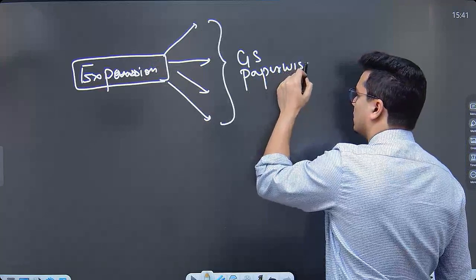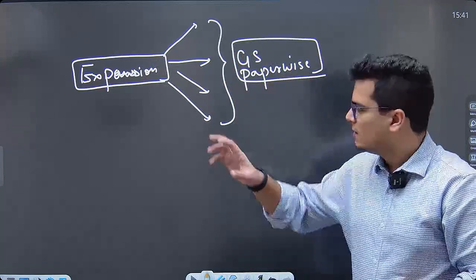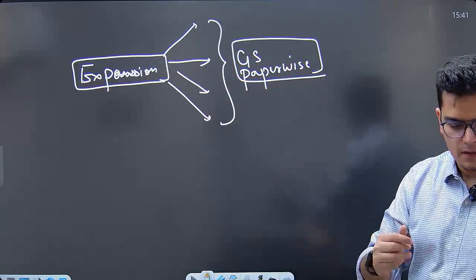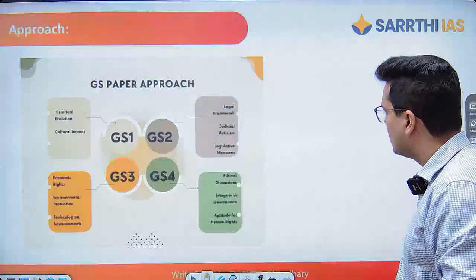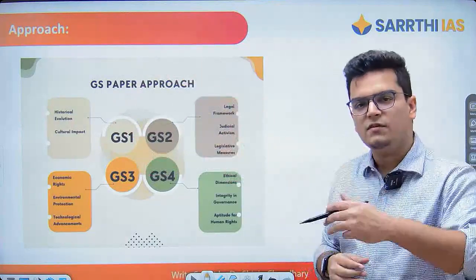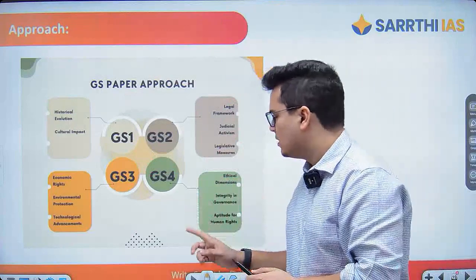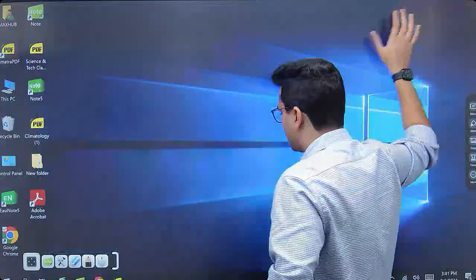So you can think GS paper-wise in terms of where all Article 21 has expanded to. If you look at this, we go GS paper-wise, and then we fit Supreme Court cases everywhere. Another thing, if we look at the answer, I'll show you in the answer itself.